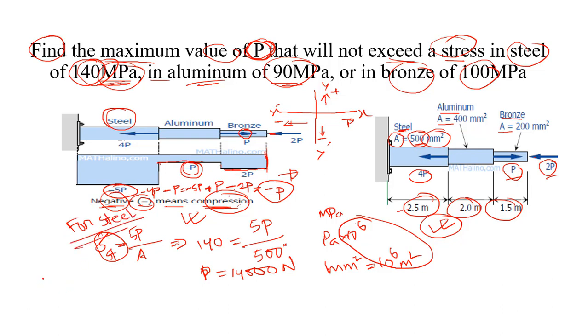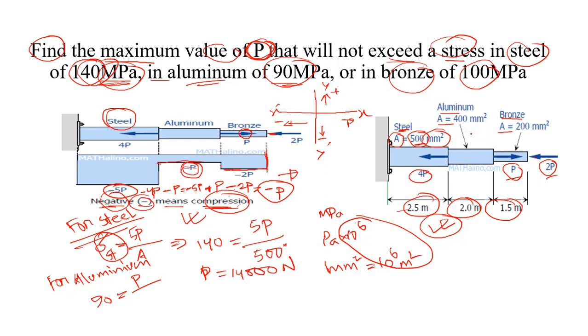Now for aluminium. The stress for aluminium is 90 megapascal, equal to only P divided by the area.